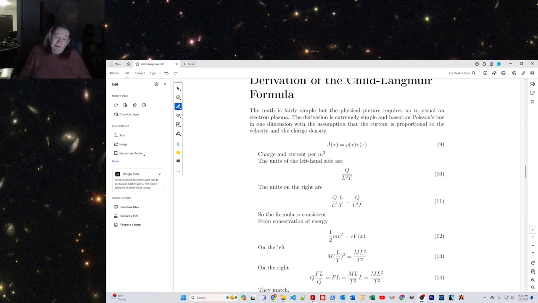The second relationship has to do with the fact that the electrons are accelerated by the applied voltage. The positive charge on the anode produces an electric field pointing from the anode to the cathode, which attracts the electrons, accelerating them upward in the diagram.